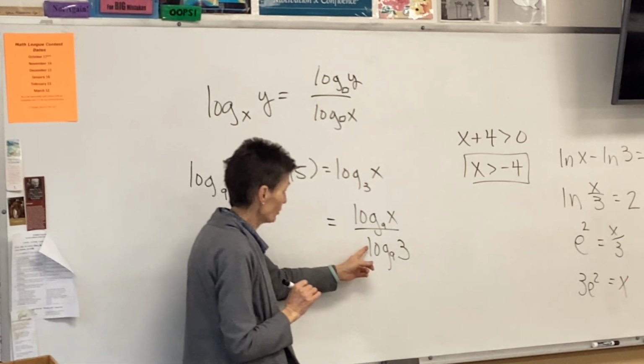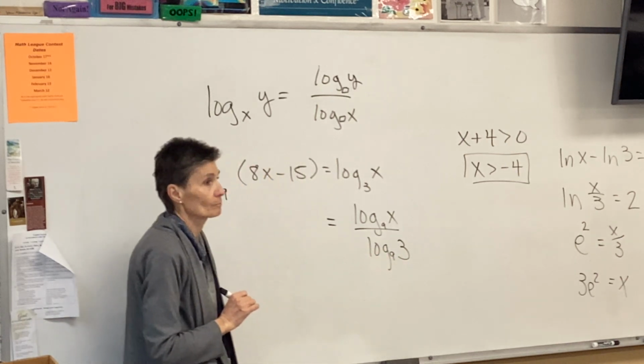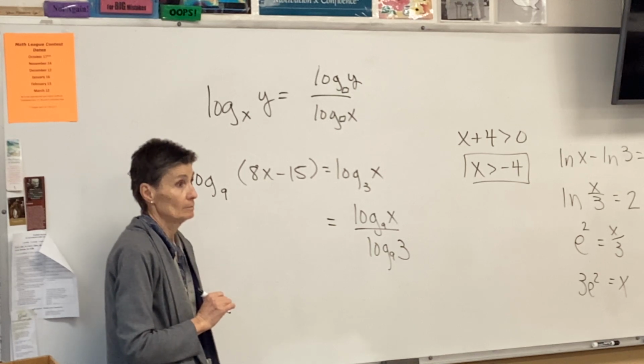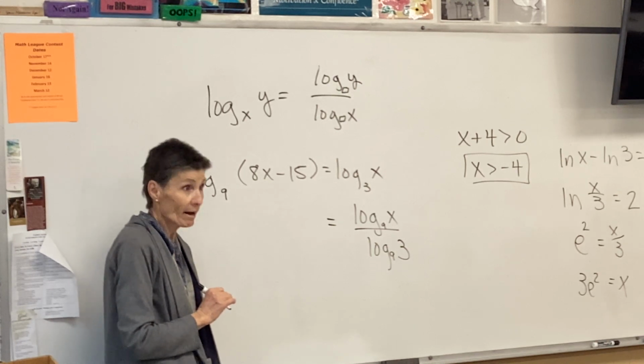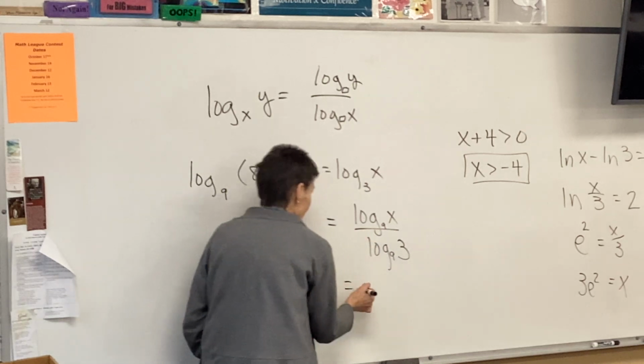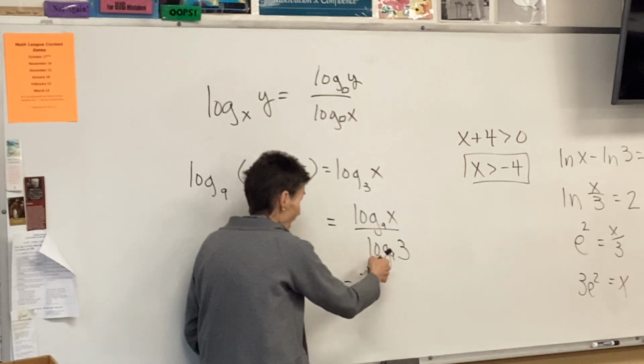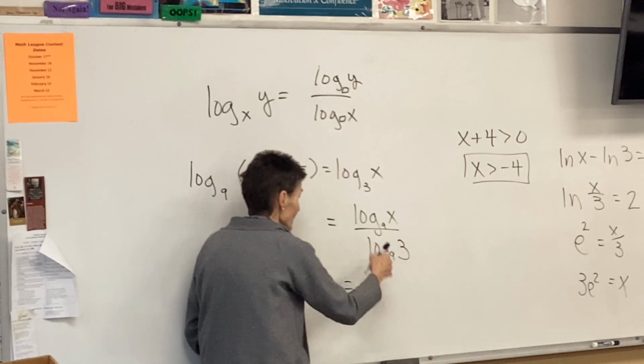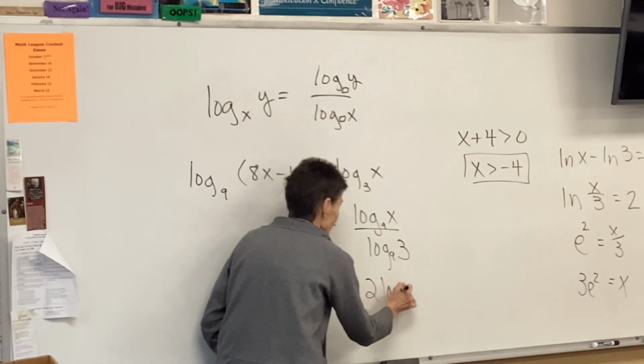Now, what's the log base 9 of 3? One half. So since that's a half divided by a half, isn't this really 2 log base 9 of x?